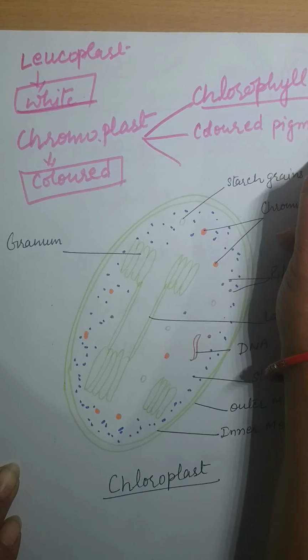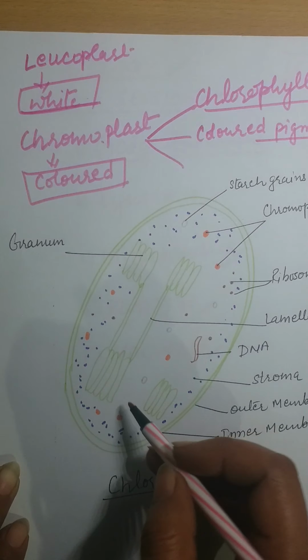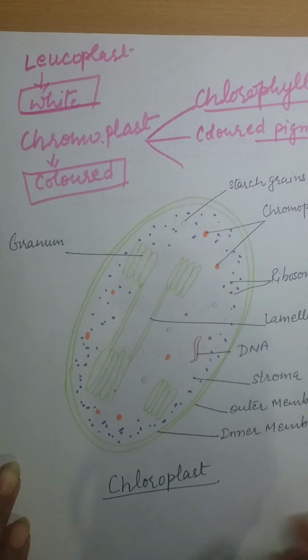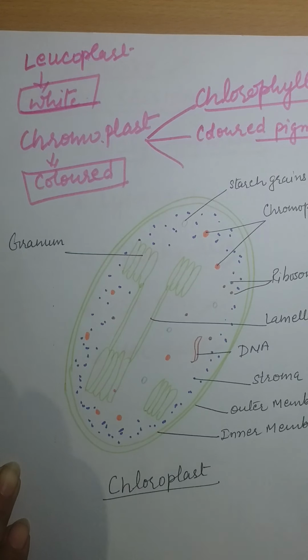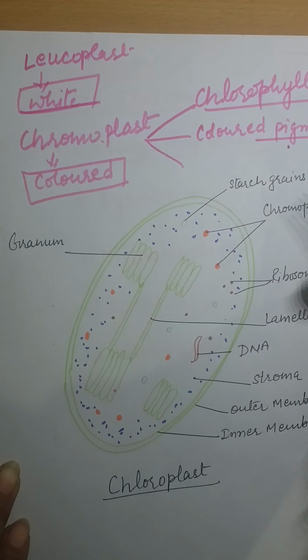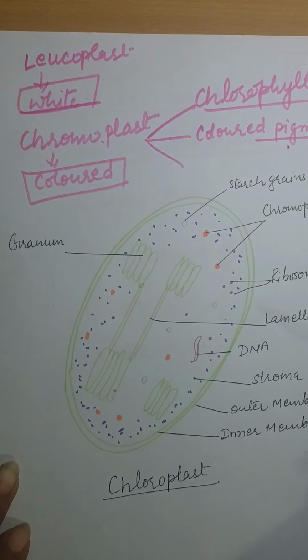Colored pigments means you have seen the flowers are of various colors, red, yellow, and various colors, while the green color is present in leaves, and in small plants in stems also. But colored pigments are present in flowers, and that is chromoplast. And the chromoplast gives various colors to the flowers as well as our fruits.